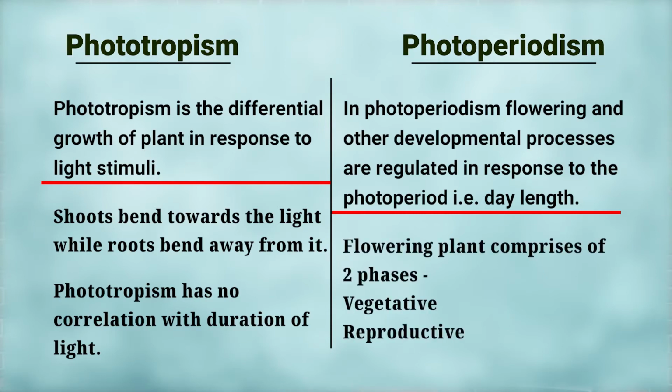A flowering plant comprises two phases. The first one is the vegetative and the second one is the reproductive. Under an appropriate photoperiod, the plant switches from the vegetative to the reproductive phase, responding to the synthesis of flowering hormones and their subsequent translocation to buds.